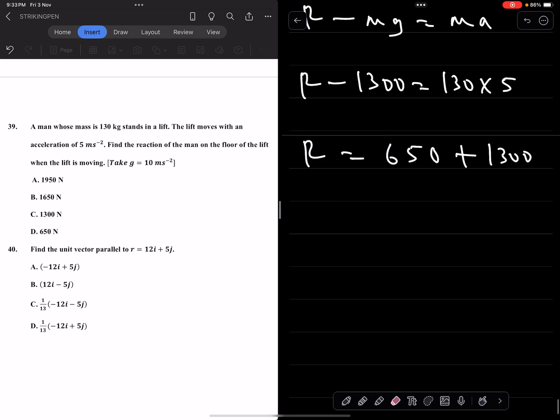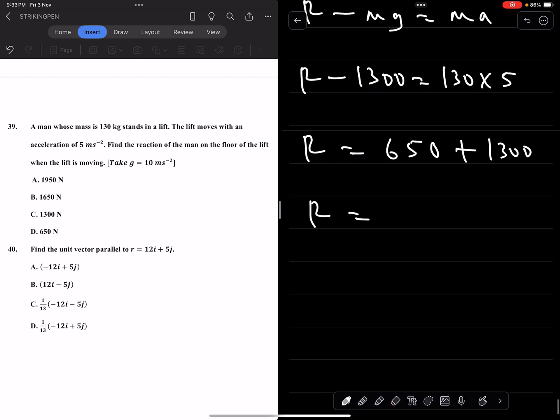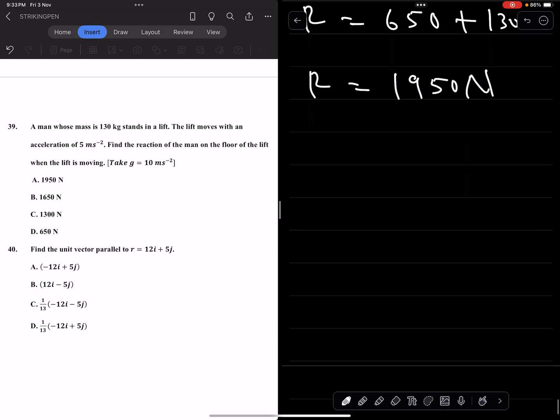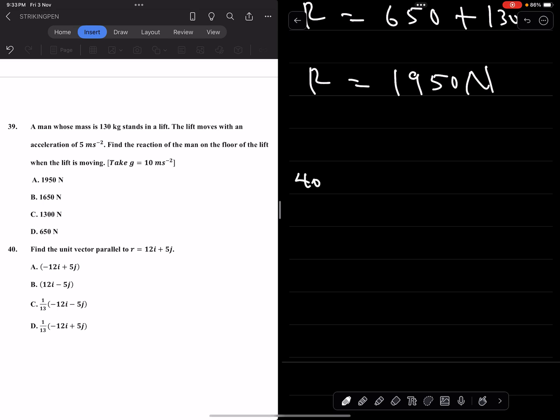That means the reaction of the floor of the lift on the man is going to be 650 plus 1,300, and that's 1,950 newtons. And the correct option is A. We go straight to the next, which is number 40.